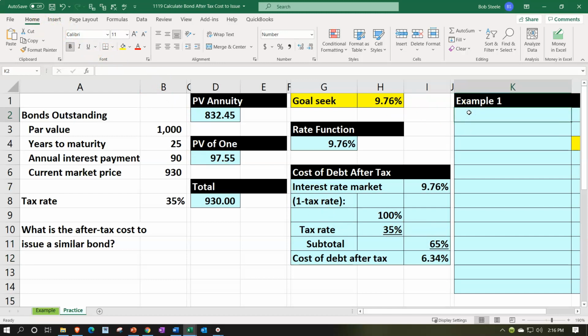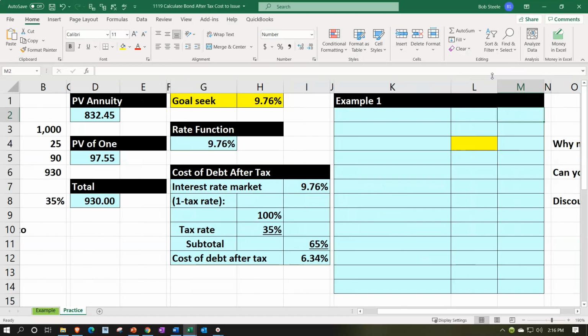If we try to plug this into our longer example and think about what the actual calculation would be, it looks something like this, as we've seen in a prior presentation. We can calculate the interest using the market rate.